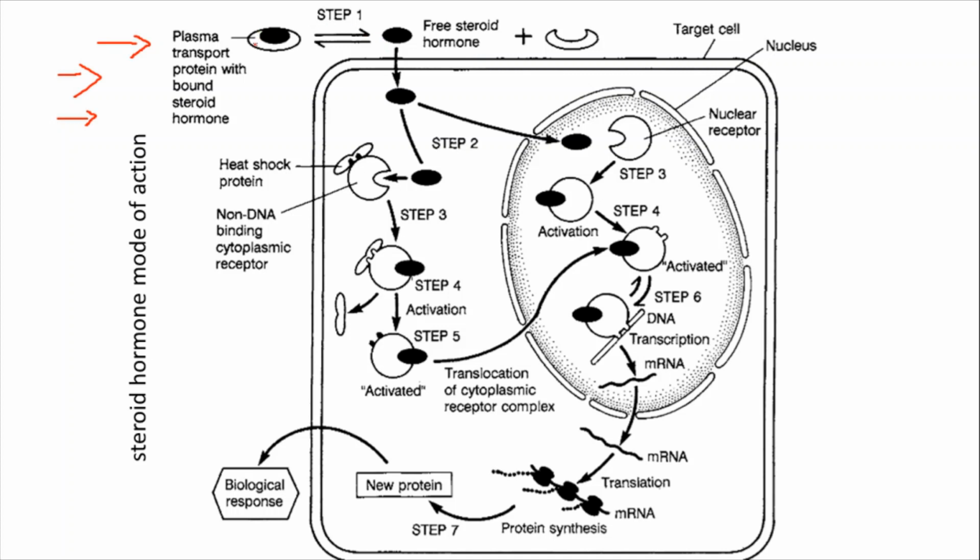Once the complex reaches the cell, the complex gets dissociated or relaxed. Finally, it forms the free form of hormone plus transport protein. This is step one. The hormone gets relaxed or dissociates from the transport protein.